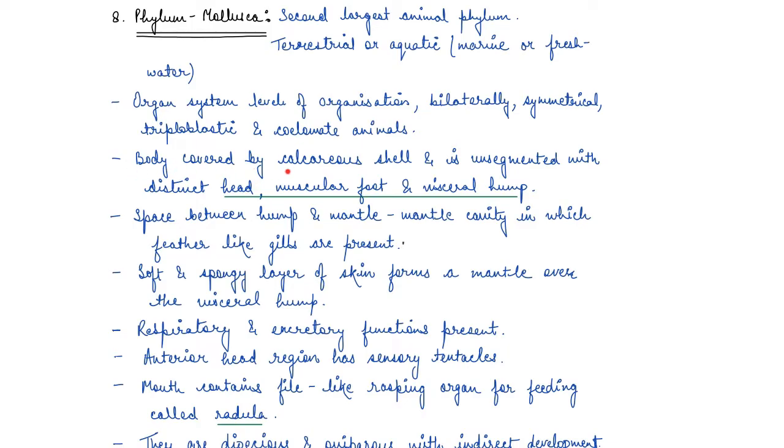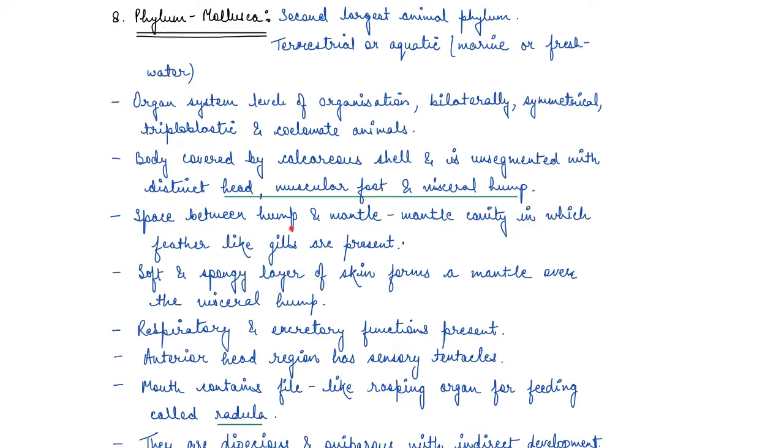Here the body is covered by calcareous shell and is unsegmented, so the body is not segmented as in case of annelids and arthropods. Here the body forms a head, a muscular foot, and visceral hump, and it is covered by a calcareous shell.